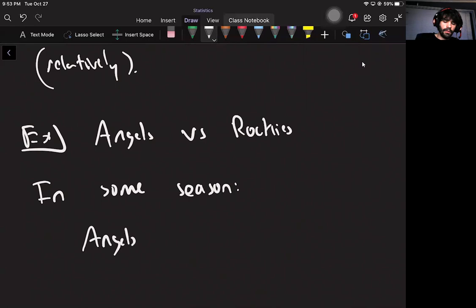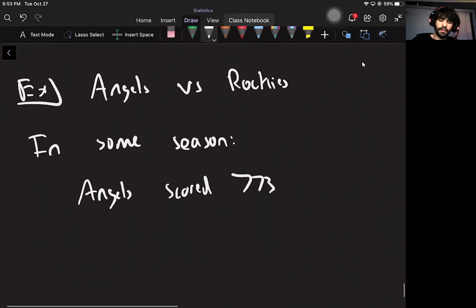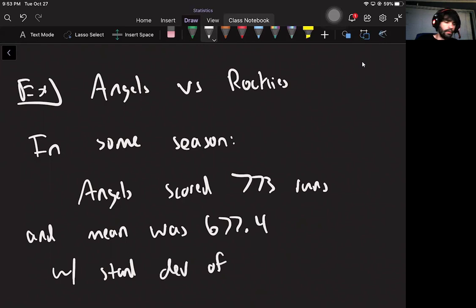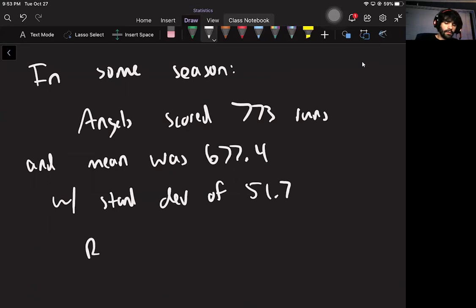The Angels scored 773 runs, but the mean of their league, so apparently this is true in baseball, there are two different leagues, the mean in this league was 677.4 with a standard deviation of 51.7.